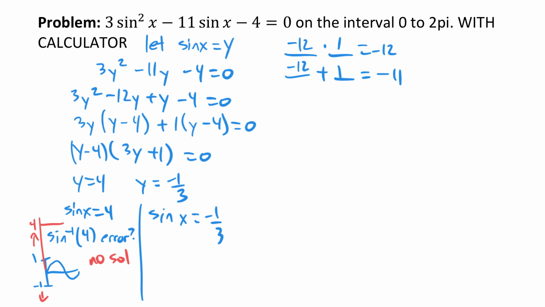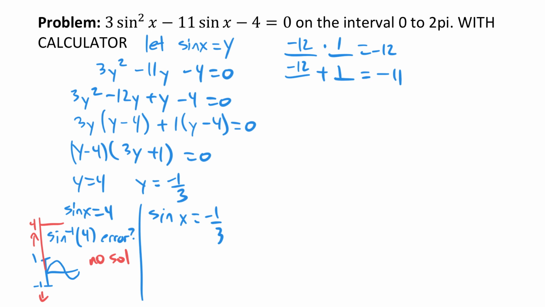This is true for both sine and cosine. And you'll know it's no solution because when you hit sine inverse on your calculator, it'll give you an error. So as long as you're in the calculator section, you know that definitely this doesn't work. If you're in the no calculator section and you're asked, does this have a solution, yes or no? If the number is bigger than 1 or less than negative 1, you can say right away, no solution.